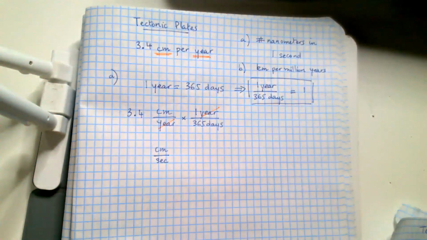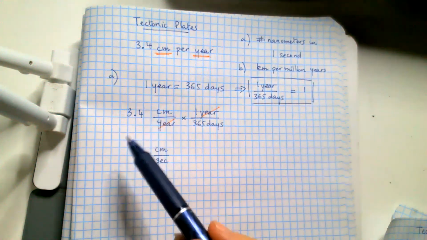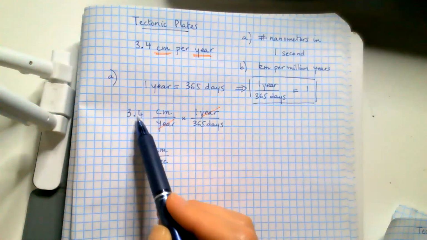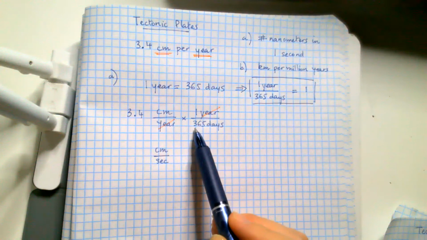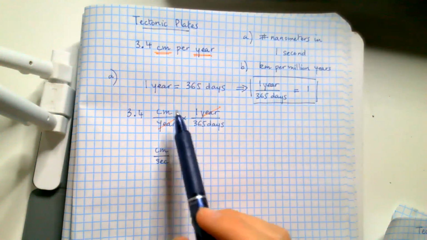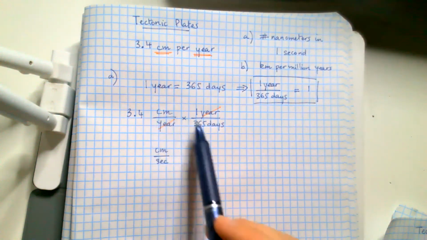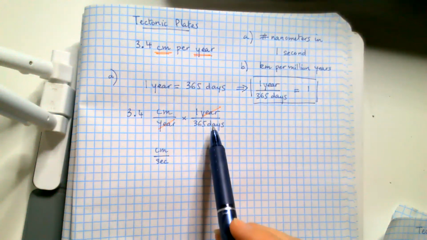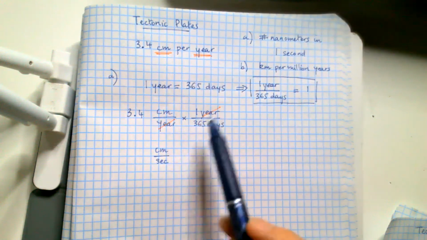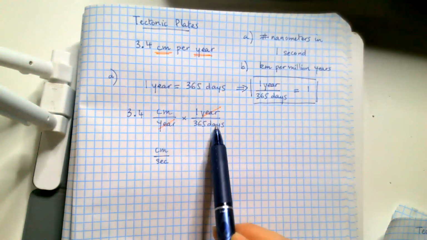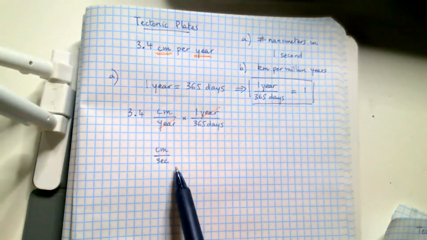And at this point, that means that if I were to take 3.4 and divide by 365, I would have my speed in centimeters per days, which is a step closer to what we're looking for. So we're not quite there yet, because we don't want centimeters per days, we want centimeters per second.